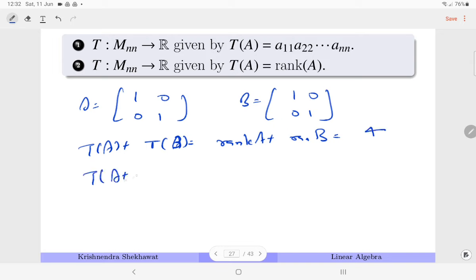Now T(A+B) is the rank of the matrix 2I, which is equal to 2. So T(A+B) is not equal to T(A) + T(B), and therefore it is not a linear transformation.